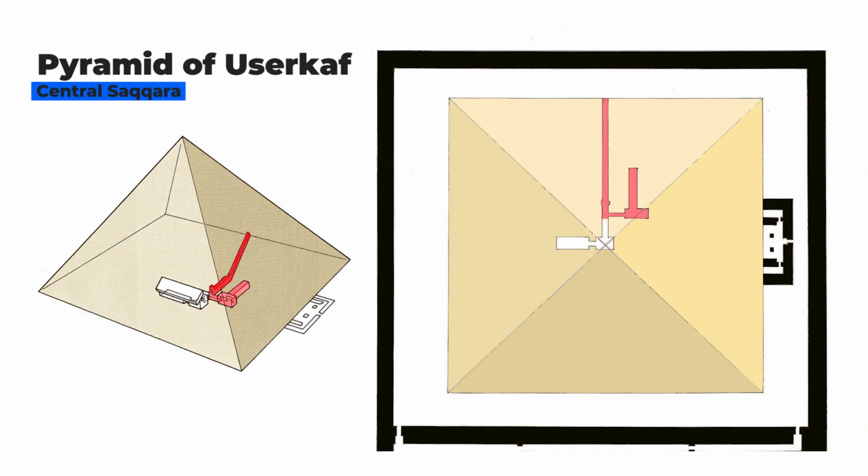Behind the granite barrier, the corridor branched eastward to a T-shaped magazine chamber, which probably contained Userkaf's funerary equipment. The presence of such a magazine chamber, located under the base of a pyramid, is unique among all 5th and 6th dynasty pyramids.